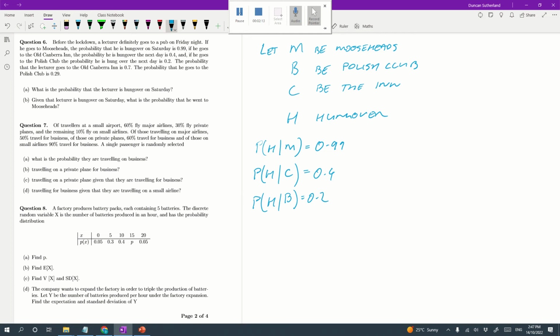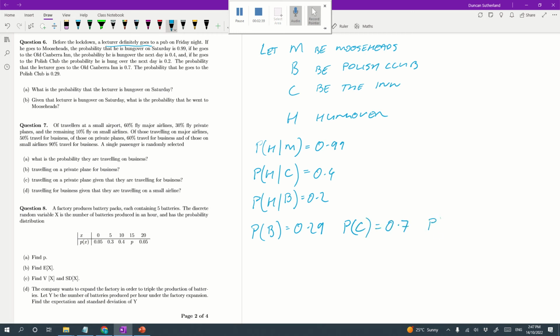We know that I definitely go to the pub, so the probability of going to one of these three is 1. So we've got probability of going to the Polish Club, 0.29. Probability of going to the Old Canberra Inn, 0.7.